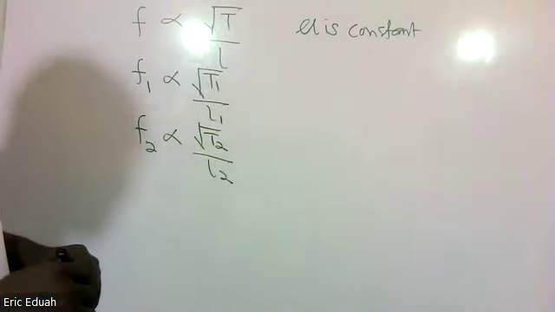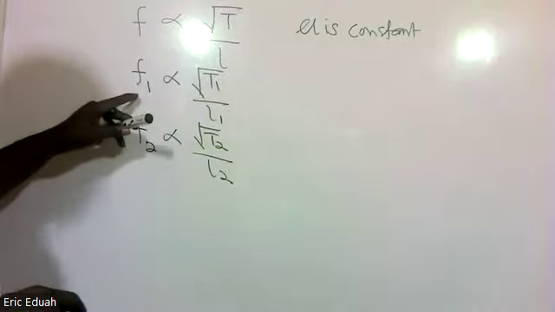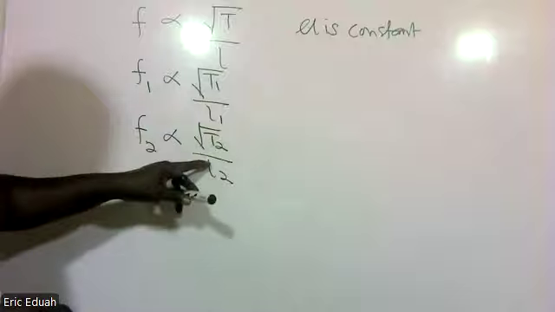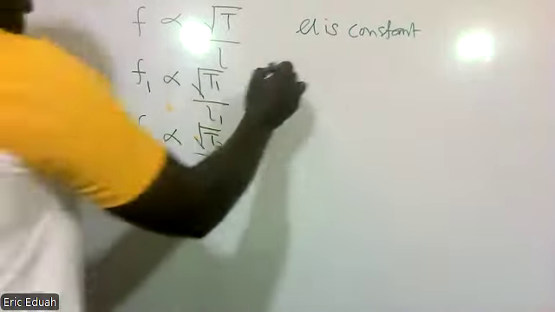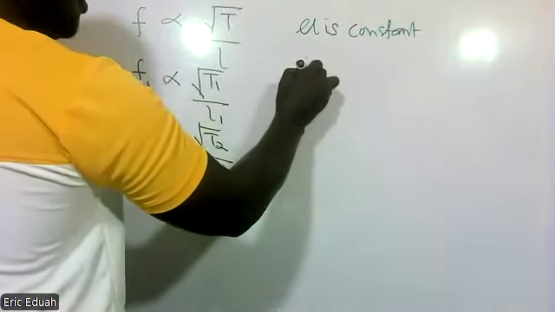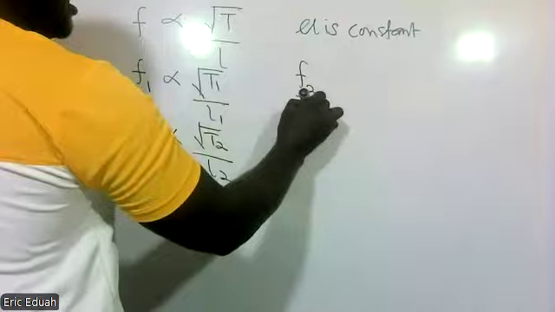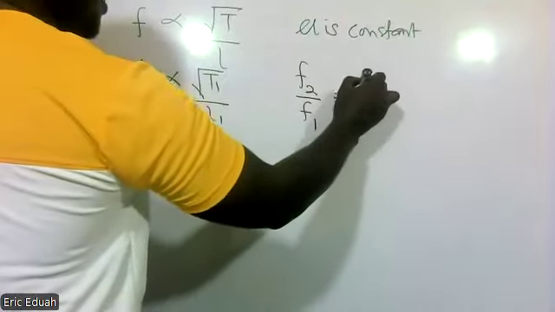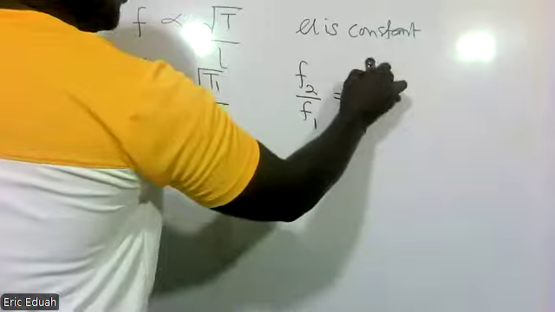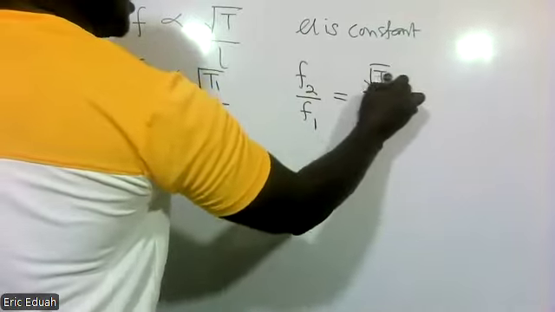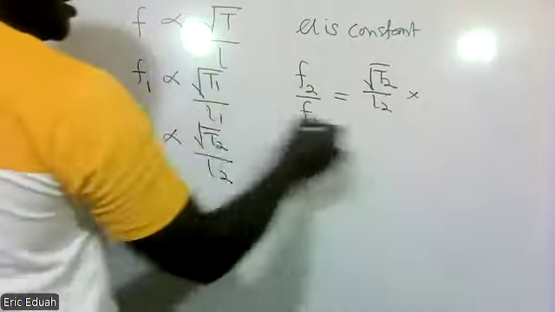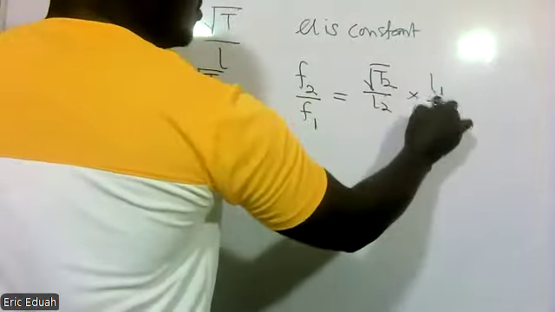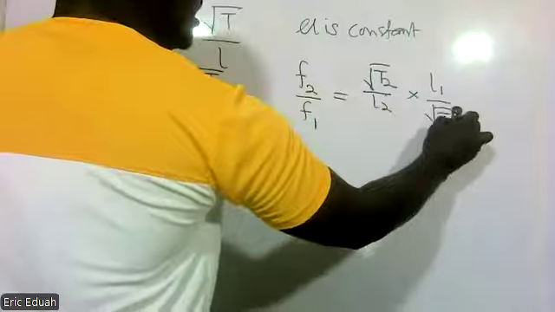Now we are interested in if F changes and the length changes, how much would T also change? So if we take a ratio of F2 on F1, we have root of T2 over L2 times L1 over root of T1.